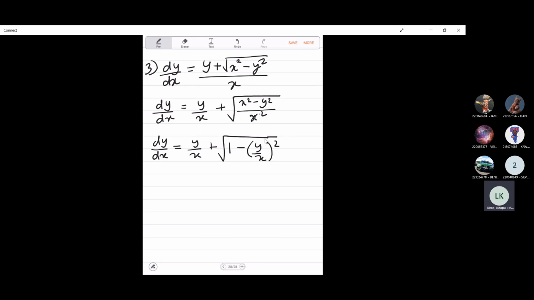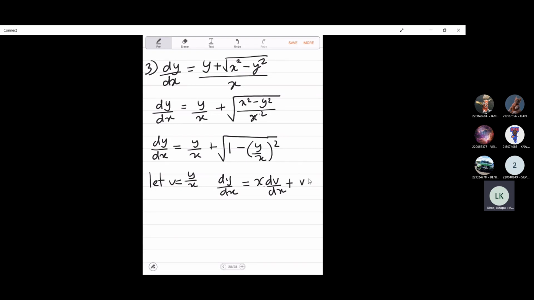So now I can clearly see that this is homogeneous. So y over x, y over x. So I make my substitution. We let v equal y over x. And then we know that dy/dx is x dv/dx plus v.